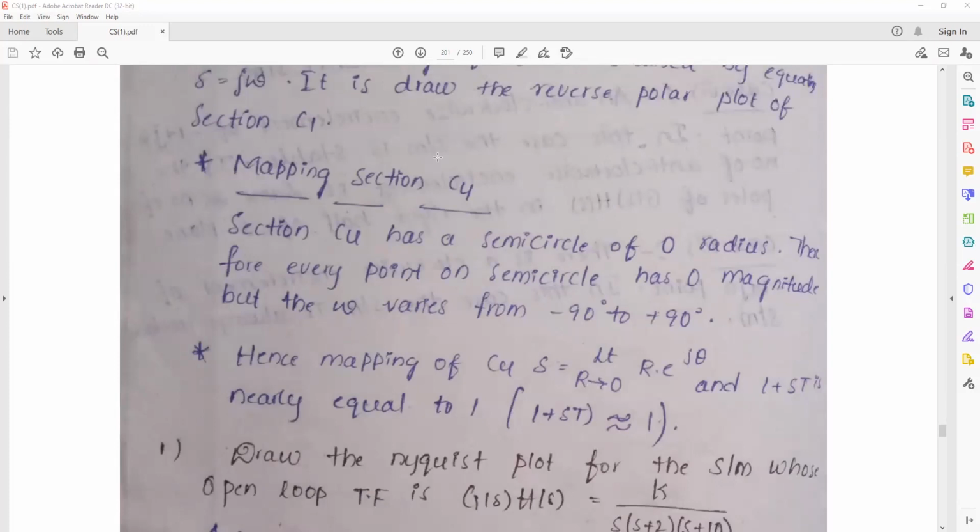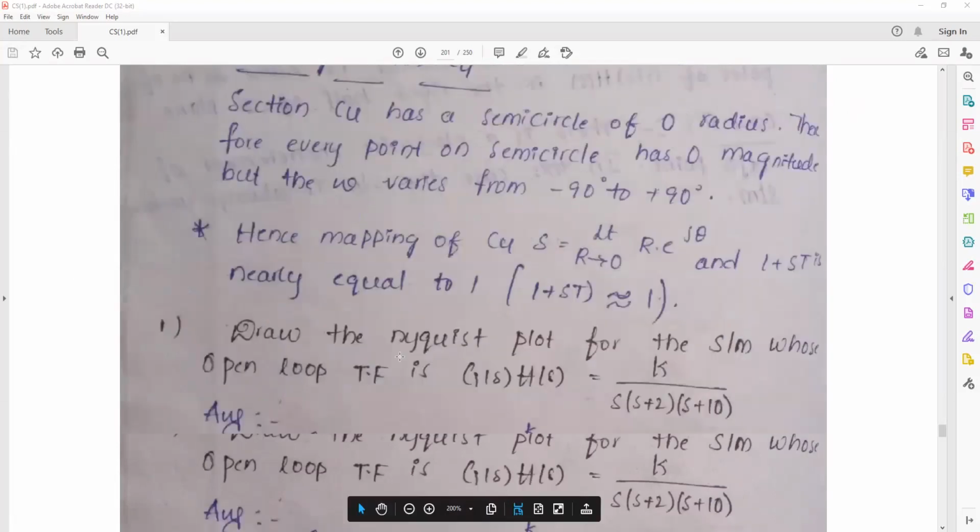So in C4, S is the limit r tends to 0, r into e power j theta. In the mapping of section C2, S is the limit r tends to infinity, r into e power j theta, and 1 plus st is st. In the mapping of section C4, 1 plus st is 1. Okay, so these are the mappings of the Nyquist stability theorem.